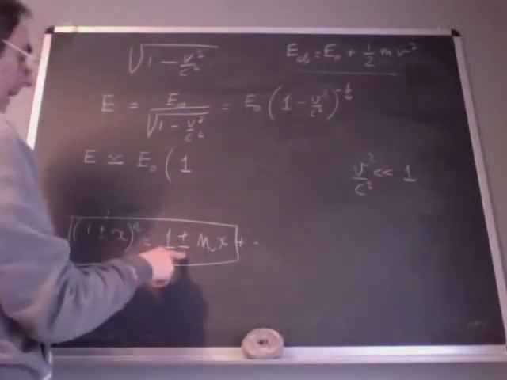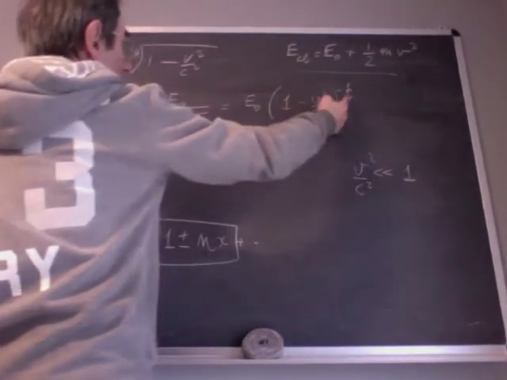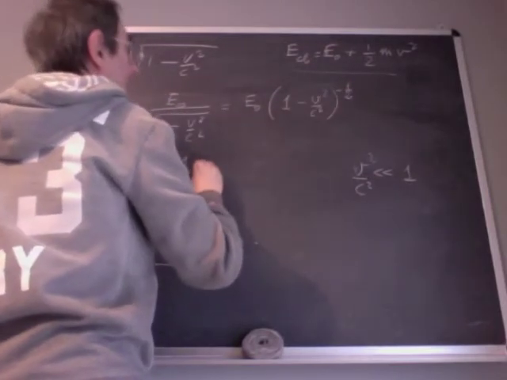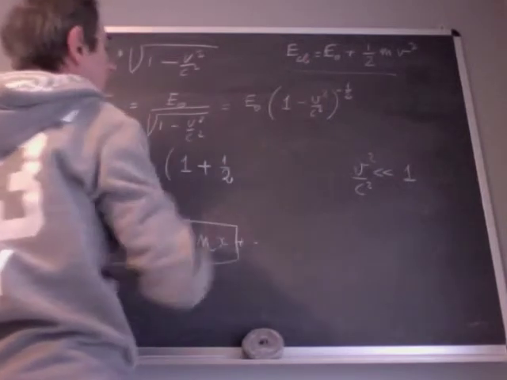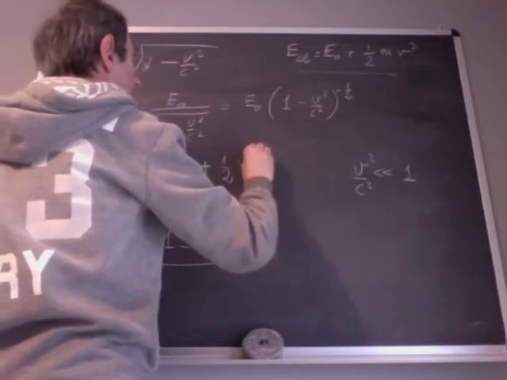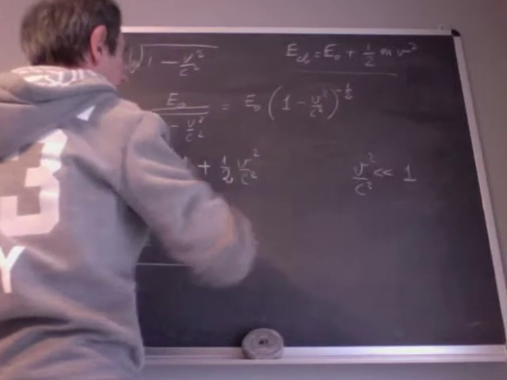The sign is minus, so it is minus what? Minus 1/2, so it becomes plus 1/2 v square over c square.